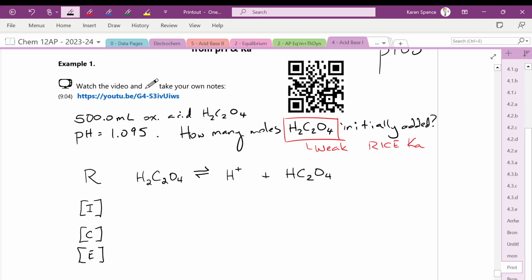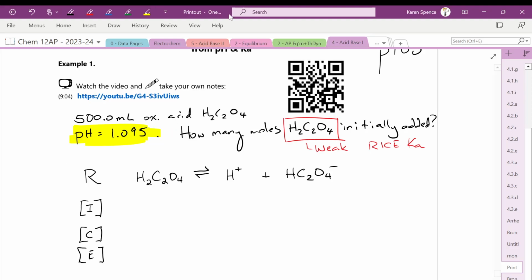Did you successfully take off one hydrogen ion? Good. Now, is there any information in the question that we can pop into this RICE table? The pH, okay? Is there anything we need to do to the pH before we put it in?